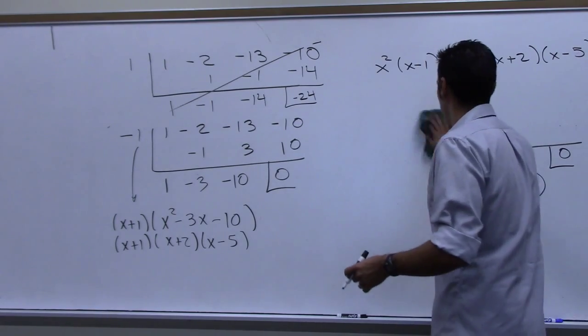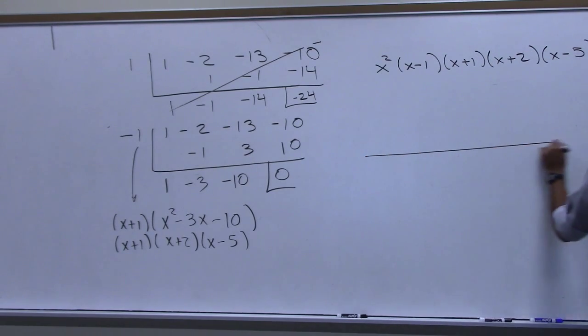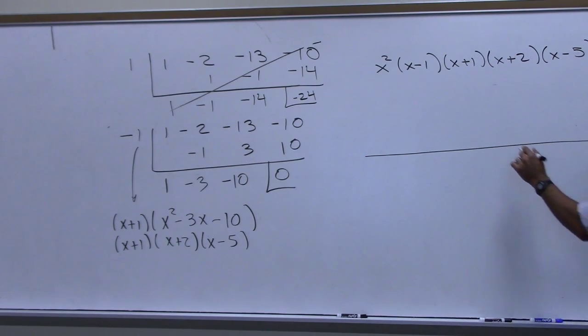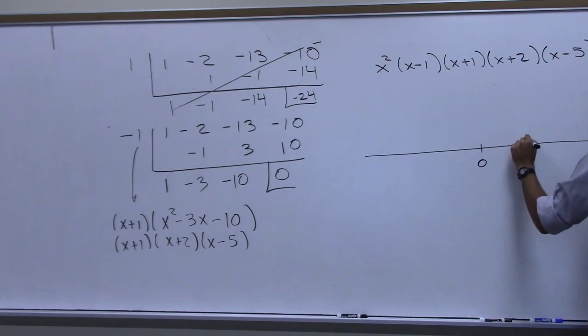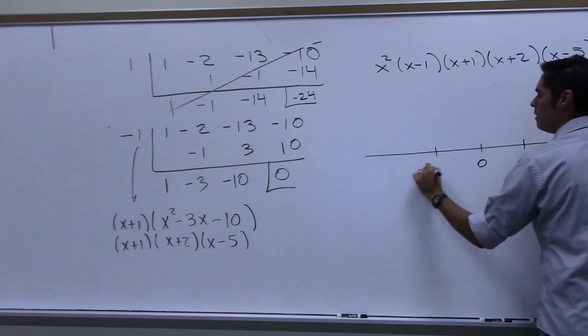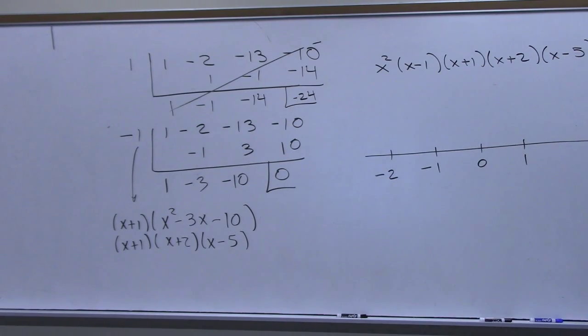So just out of curiosity to see how quickly you could graph this, I would have x-intercepts at 0, 1, negative 1, negative 2, and positive 5 out here. Do we agree?